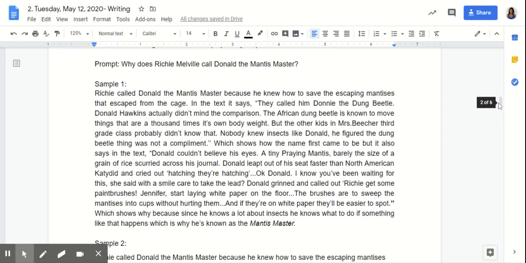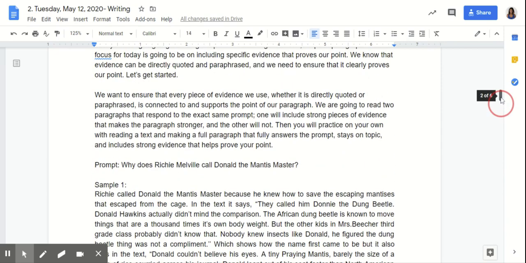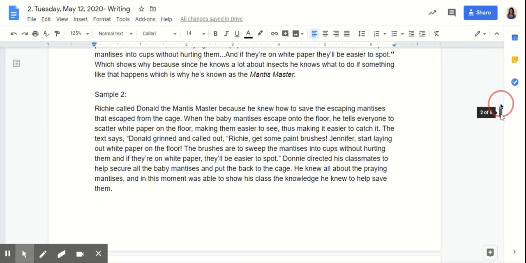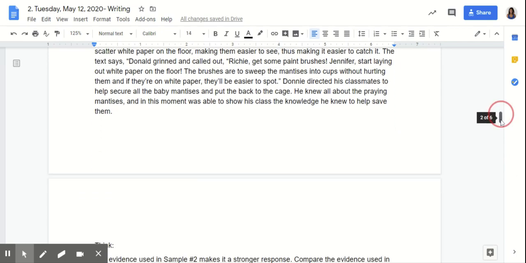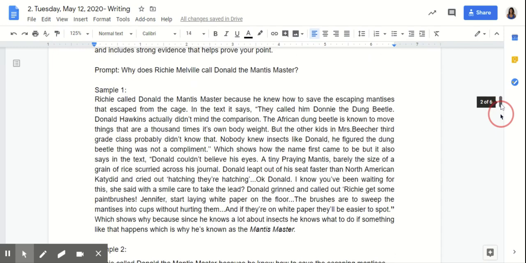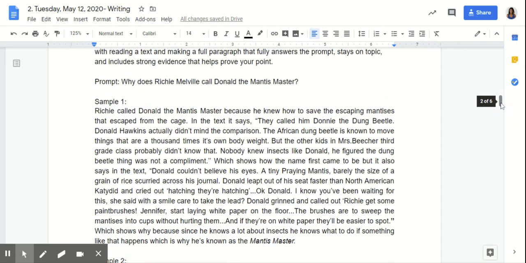Again, we are tracking for which sample. So I'm going to already tell you which one has the stronger piece of evidence so you can understand why as we're reading through. Sample two has the strongest pieces of evidence and connects back to the point of the paragraph and proves that point stronger. So realize why as we're reading. Okay? Follow along as I read aloud.